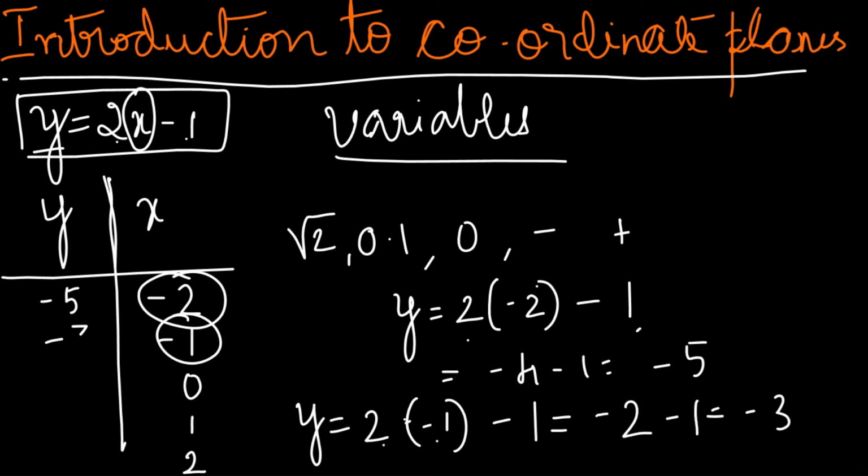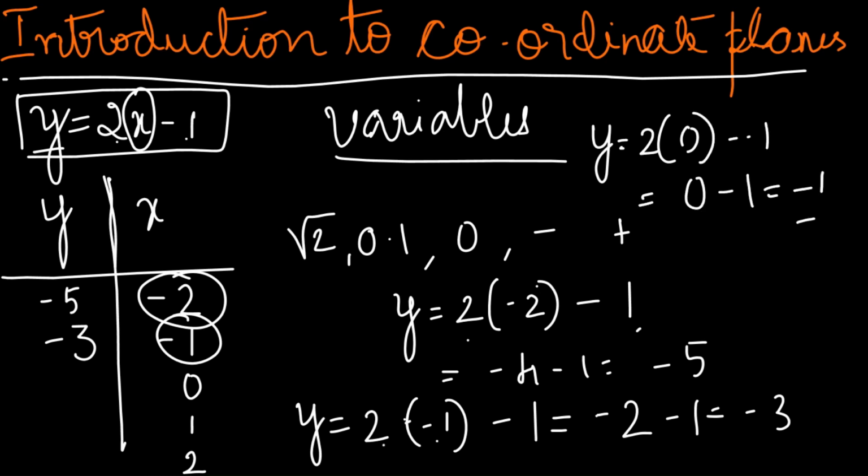So for the value of -1 for x, we get y is equal to -3. Next, for the value of 0, what will I get? y is equal to 2 into 0 minus 1, that is 0 minus 1, which is equal to -1.